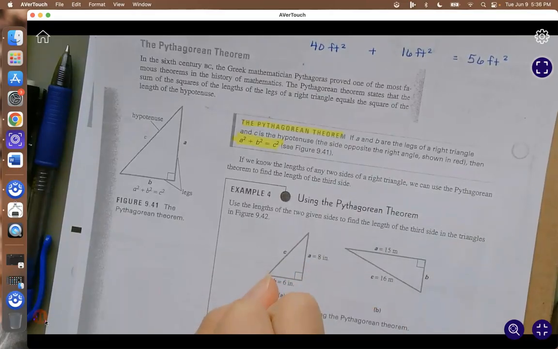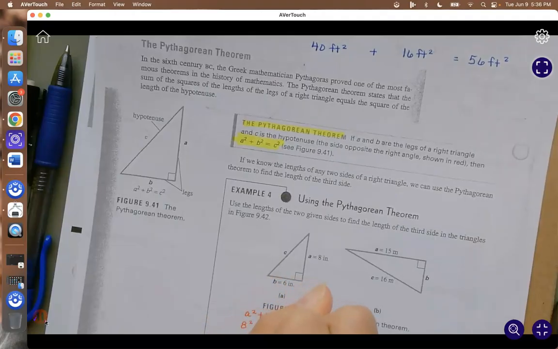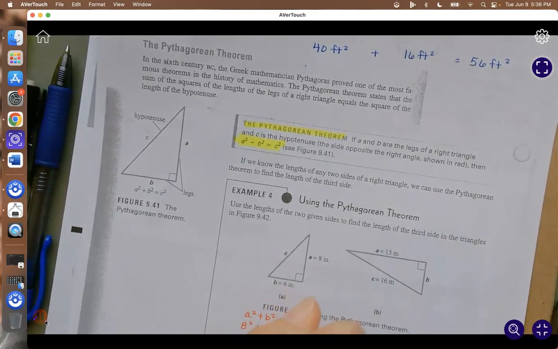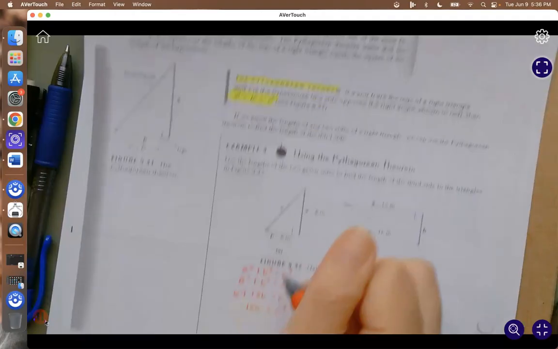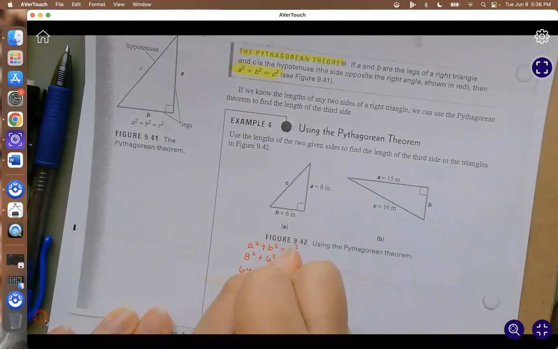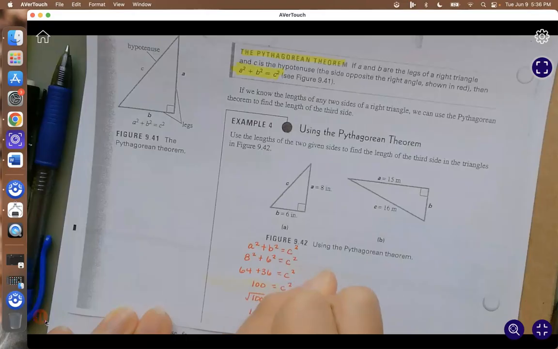So we do 8 squared plus 6 squared equals c squared. So this is 64 plus 36. That's 100. Then we're going to take the square root of 100 to get the c by itself. So c is 10 inches.